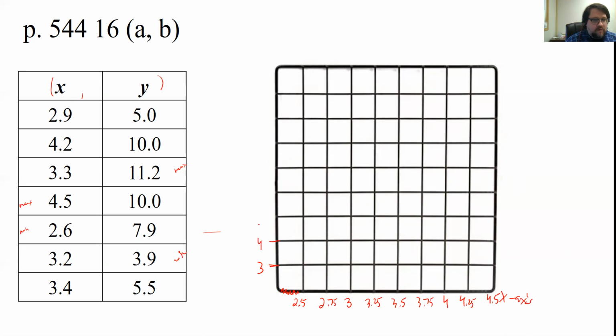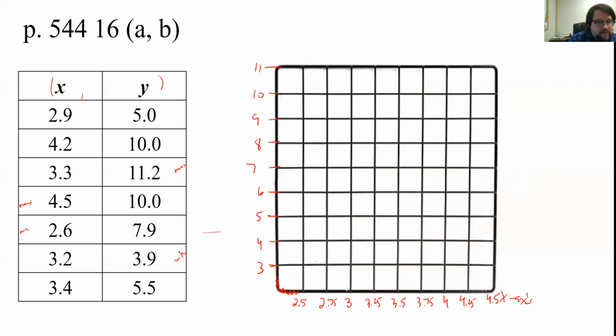I think we can count by ones: 3, 4, 5, 6, 7, 8, 9. Oops, I messed up. Oh well, we'll go a little bit off the top of the graph. That's all right. And I'll do a little zigzag to say it doesn't go to 0. This bottom quarter isn't to scale, is basically what that's saying. All right.